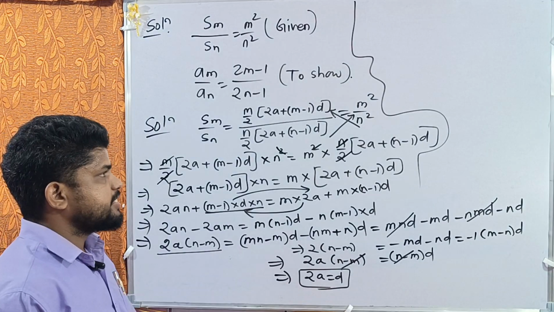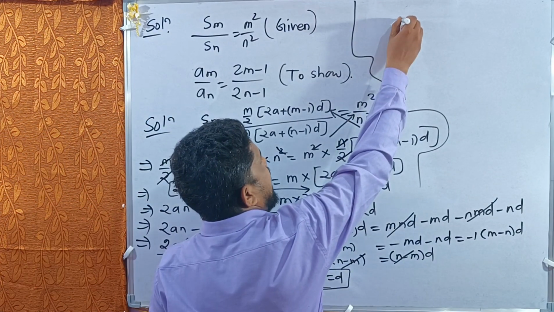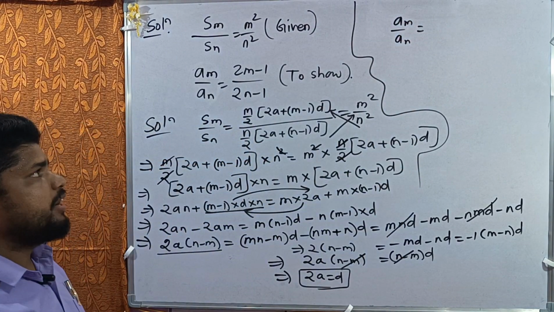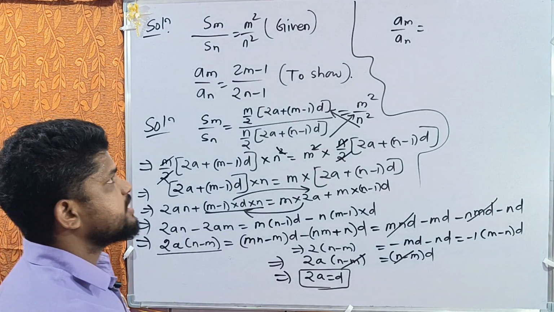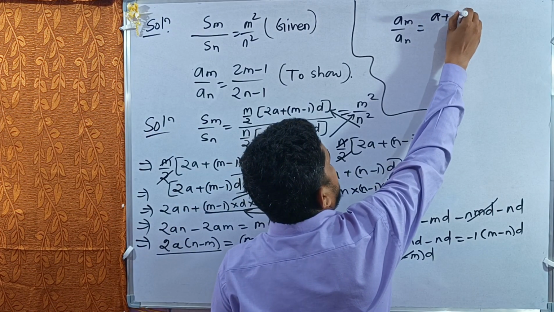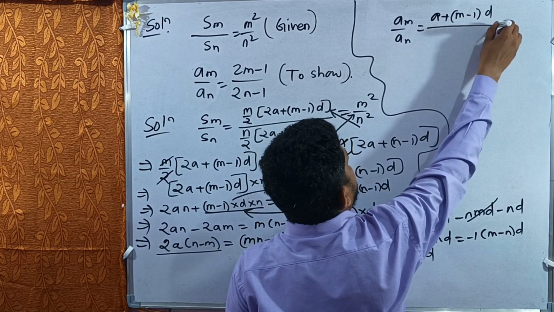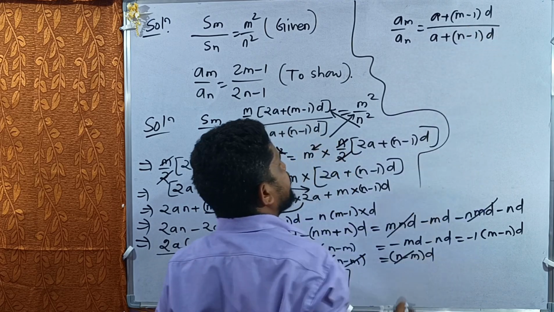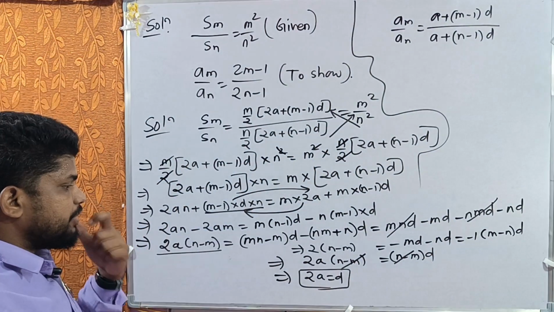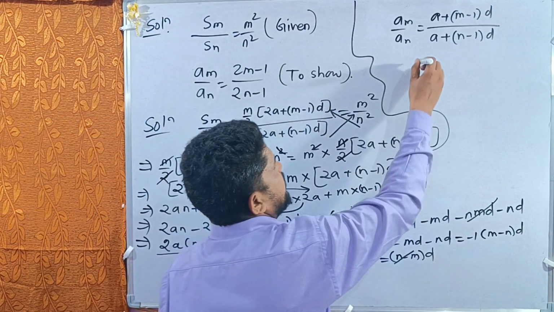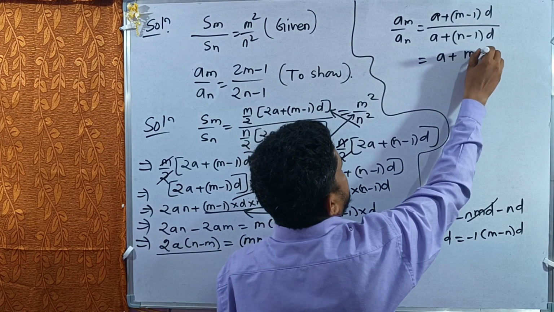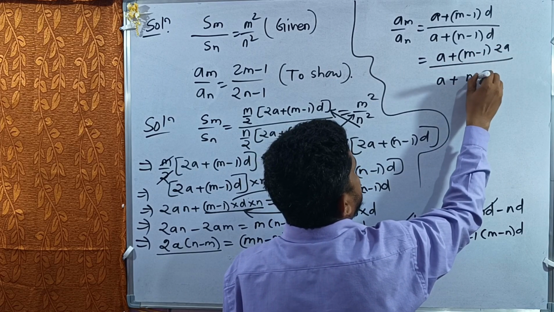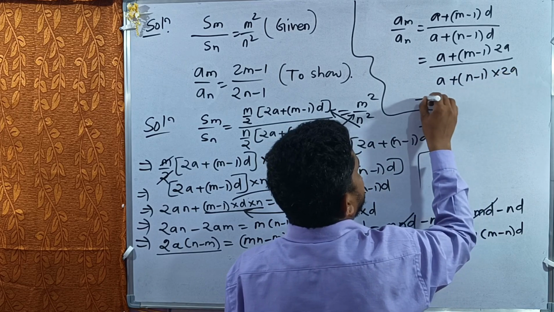Now the ratio of the mth term upon the nth term can be written as (a plus (m minus 1) into d) divided by (a plus (n minus 1) into d). Since we know that d is 2a, I can write a plus (m minus 1) into 2a divided by a plus (n minus 1) into 2a.